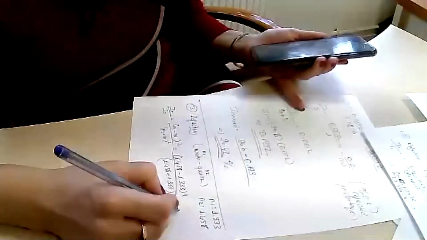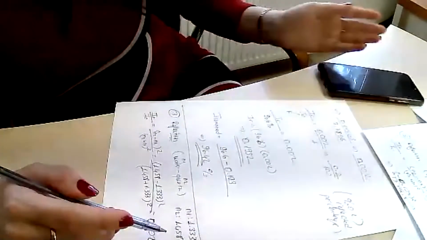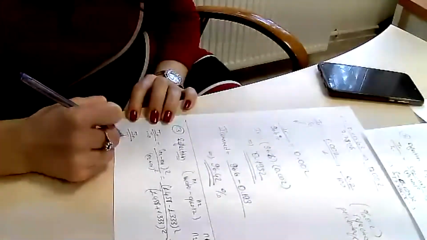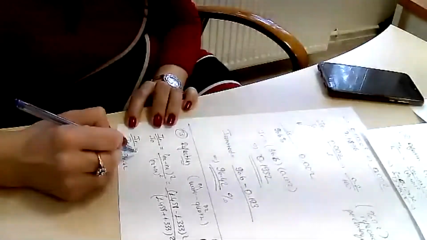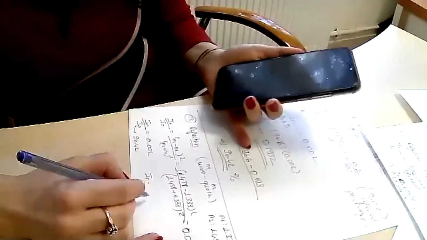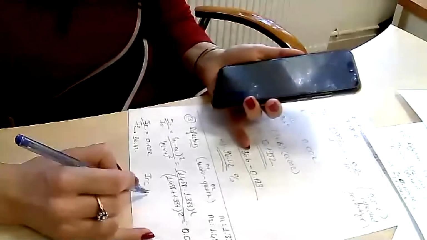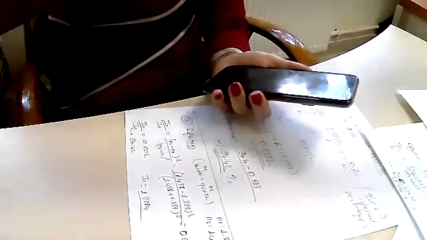The result will be the same, 0.002. So again IR, I0, 96.2, IR, and so on. It is going like that.